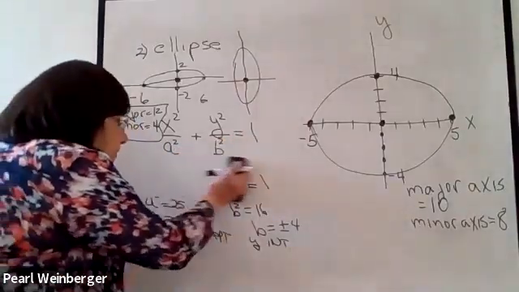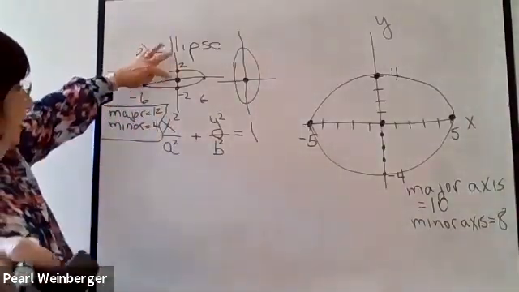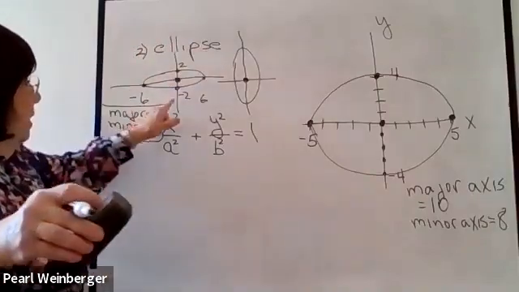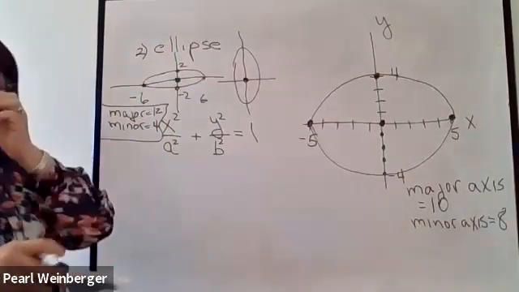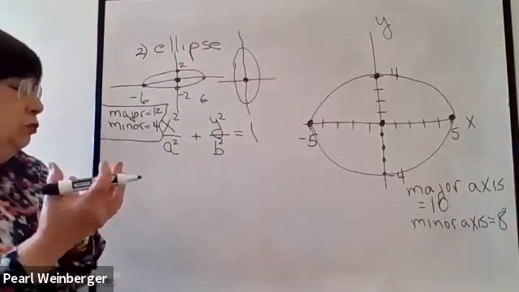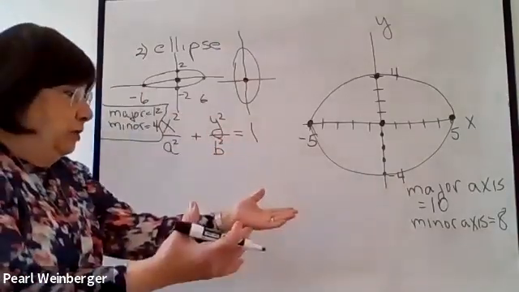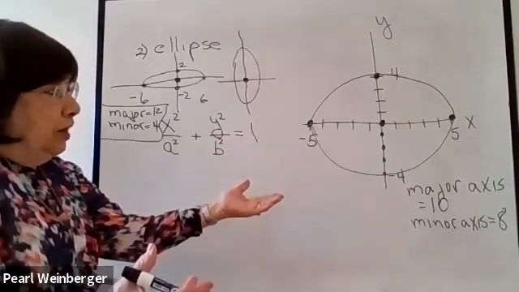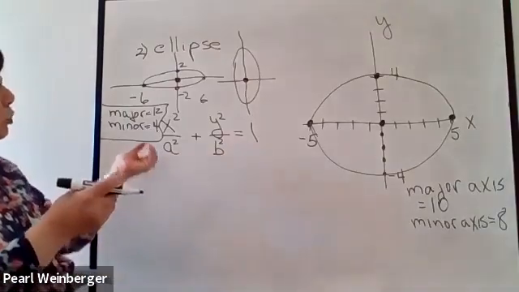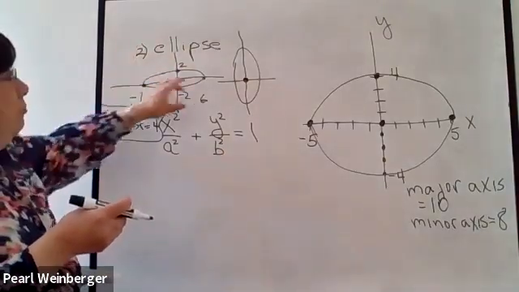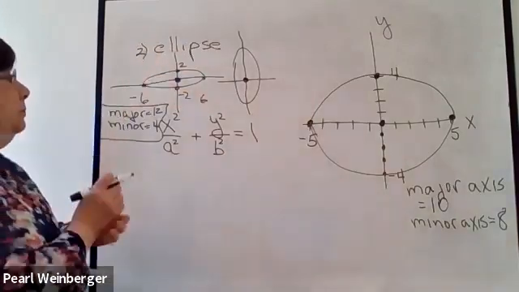While we're at this, if I look at this example that I just talked about, where the major axis was 12 and the minor axis was 4, I could actually write the equation, because we should be able to do this both ways. We should be able to look at the equation and tell what the graph looks like, and we should also be able to take what a graph looks like and write its equation.